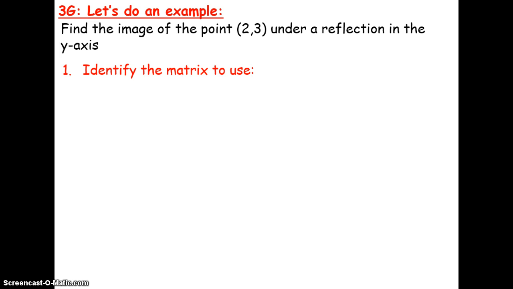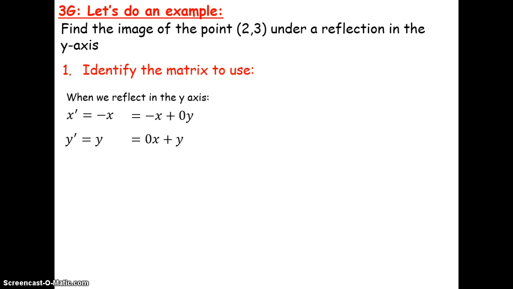So we want to identify the matrix that we should use, and we had that one we just considered in the previous slide. We are reflecting in the y-axis. It means we're going to be affecting the x values. Remember how that means x image goes to negative x, whereas y image goes to y. Remembering that when we say x image and y image, they are just the points that are created under the transformation.